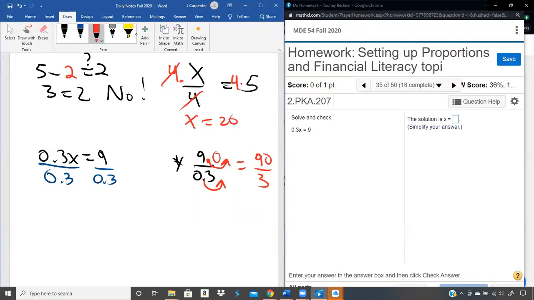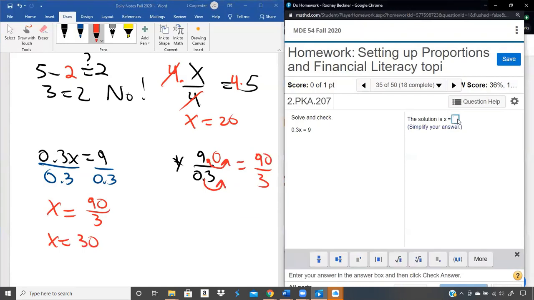It's also the same as 900 divided by 30, 9,000 divided by 300. I can keep moving it as much as I want, but once the bottom's whole, that's all you really got to do. So x is equal to 90 divided by 3, which is 3 will go into 9 3 times, tag the 0 because it's perfect, 30. So that's a nice trick to have.